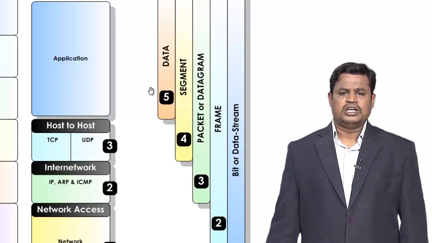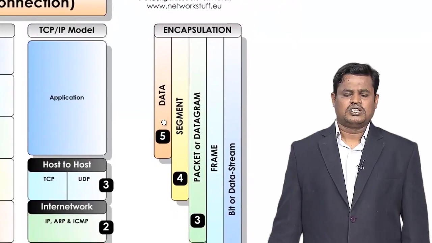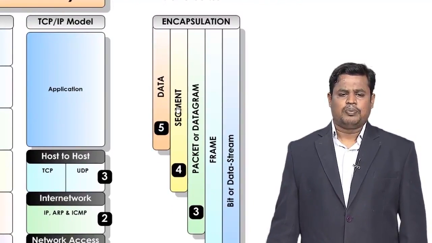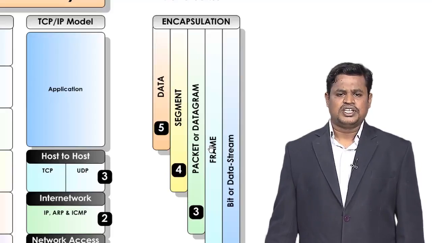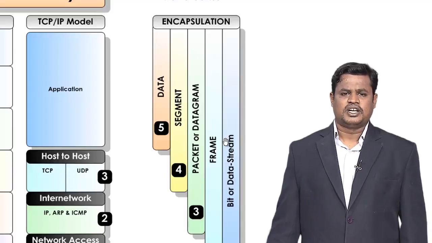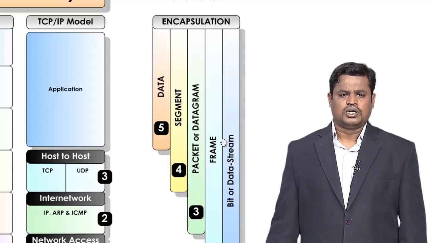The same mechanism is happening. What is the process here? It is called encapsulation. So I will take the data, then put it in the envelope, which I call the segment, then I will add the name and address, the packet, then I will add the pin code or additional information, then fragment, and put it in the post box for sending. The bit stream is how it is going to be represented.